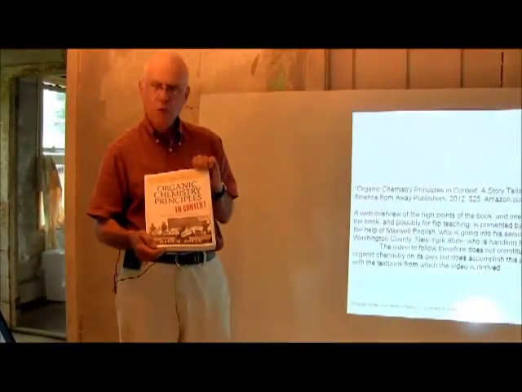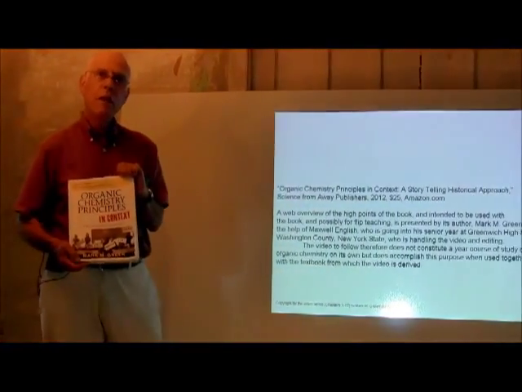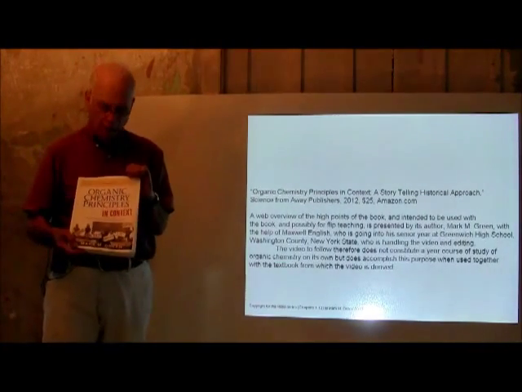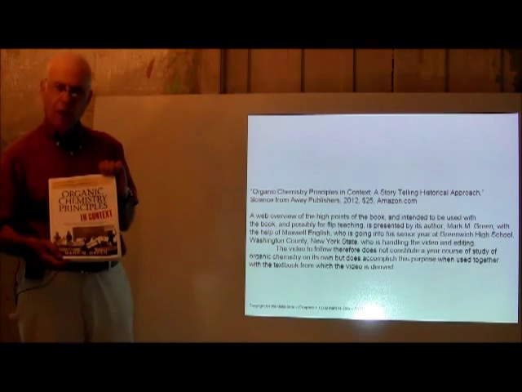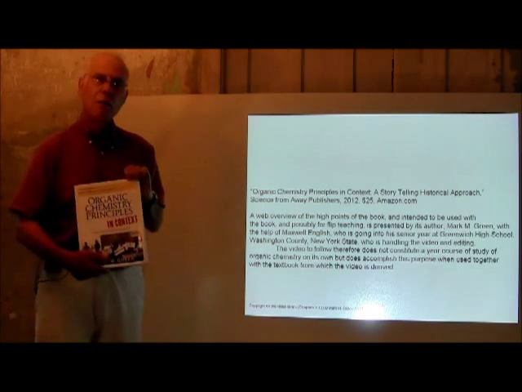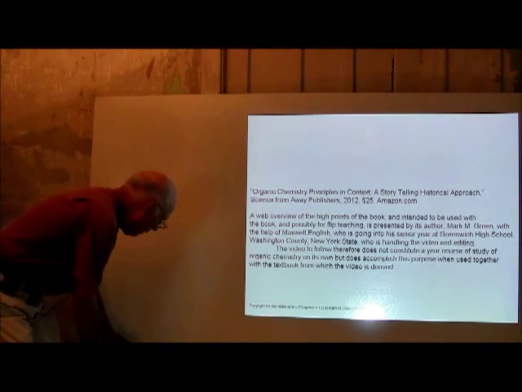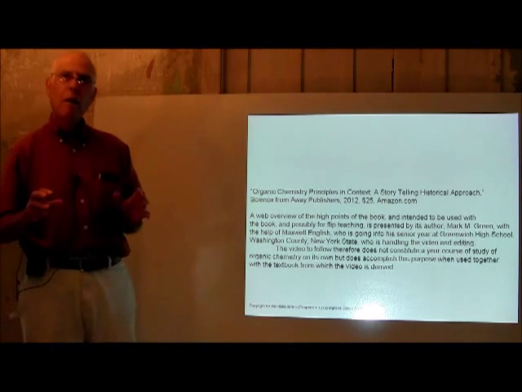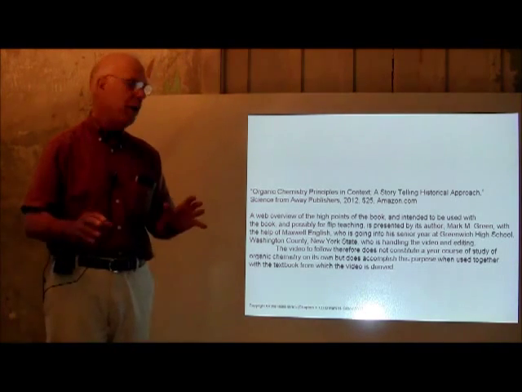The book takes an unusual approach to the teaching of organic chemistry to beginning students, and it's available on Amazon for $25. This video series is going to pull out of each chapter the essential points.